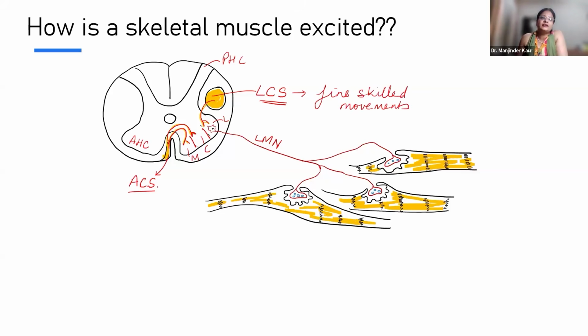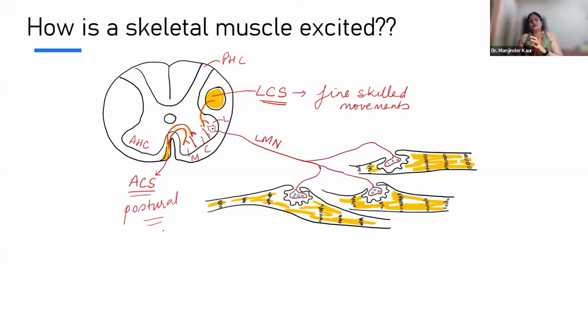Whereas the anterior corticospinal tract innervates the muscles of the trunk, the diaphragm, the sternocleidomastoid, and hence its main role is to innervate the postural muscles.